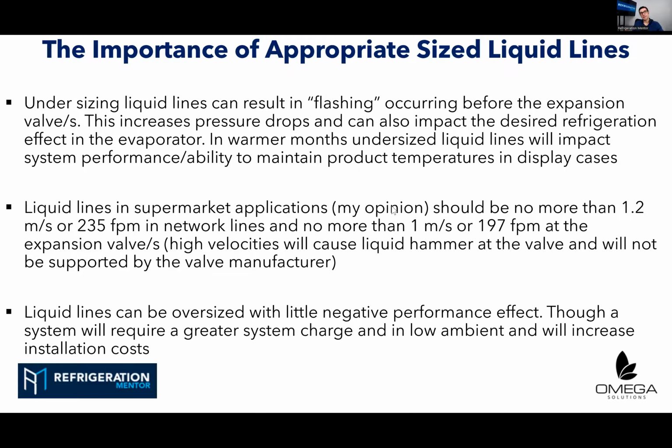Does the type of refrigerant make a difference? I'm still learning here. Like if it's R12 versus R22, or HFO or CO2, is it the same for all refrigerants? Yeah, liquid lines, yes.